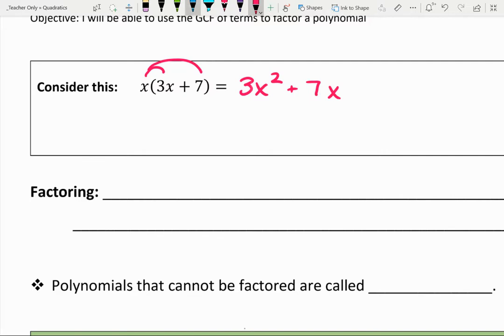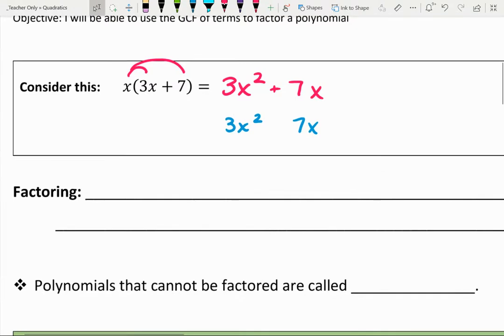So if we look at the two terms in this binomial that we've created, 3x squared and 7x, each of those two pieces has a greatest common factor of x, right? 3 and 7 have a GCF of 1, and x squared and x have a greatest common factor of x. So 1x, or simply x.